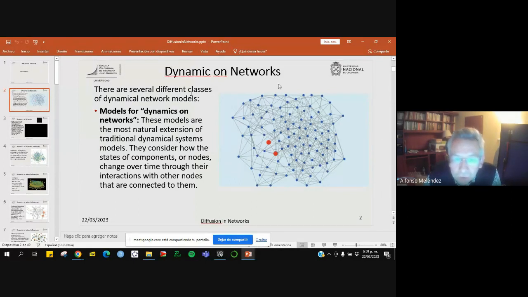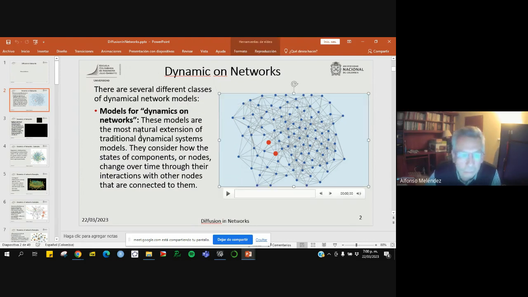There are several different classes of dynamic network models. I guess there are two principal classes. The first one are the models for dynamics on networks. On, it's important, the word on. These models are the most natural extension of traditional dynamical system models.